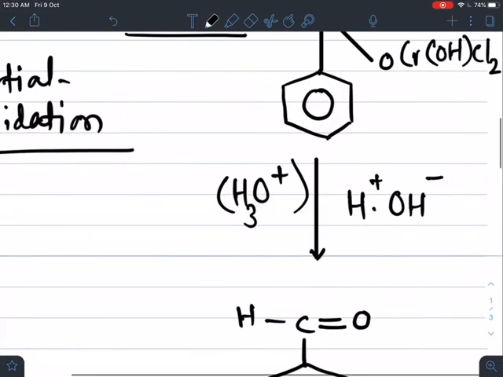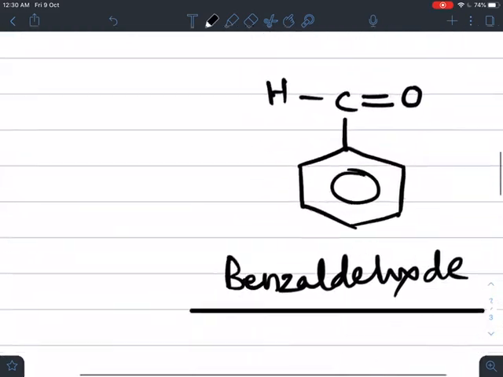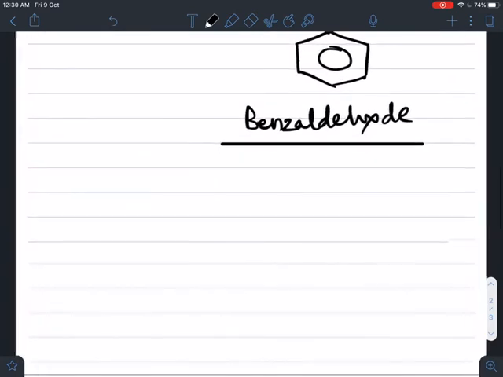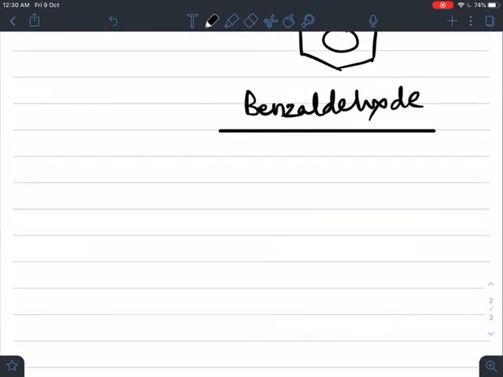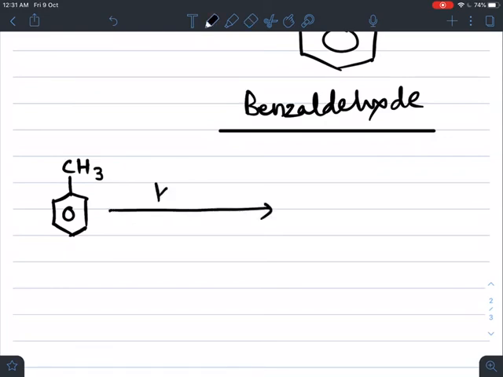If instead of chromyl chloride a strong oxidizing agent is used, like KMnO4, potassium permanganate, then toluene undergoes complete oxidation.